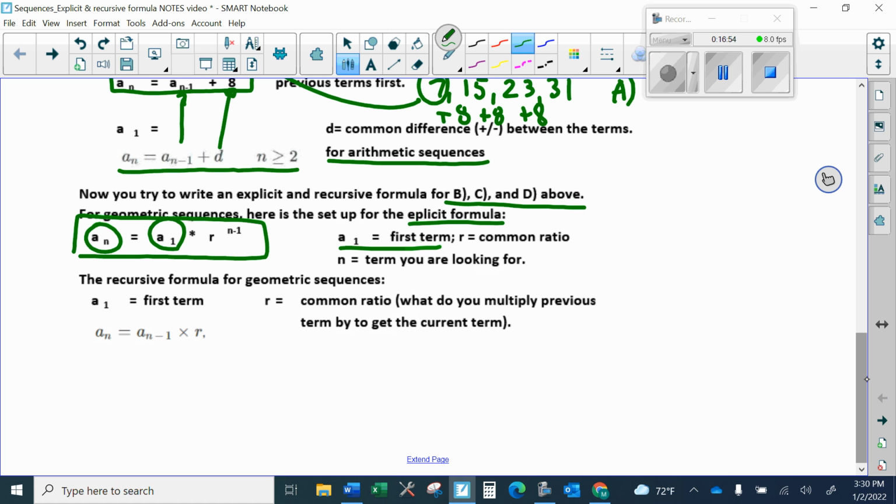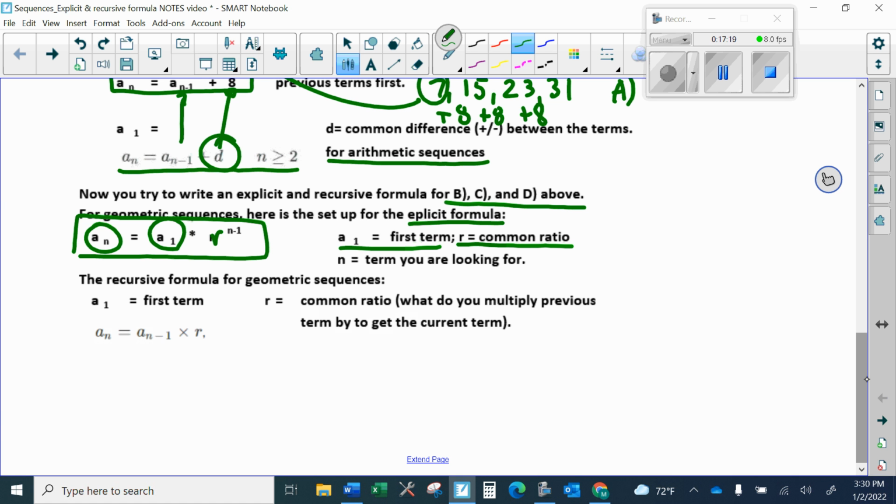Since it's R, that means you multiply by a number to get from one term to the next. Remember, we're not using D now. D is up here for arithmetic sequences, where you're adding or subtracting. R is telling you that you're multiplying by some number or a fraction to get from one term to the next. And then it's raised to the power of n minus 1.